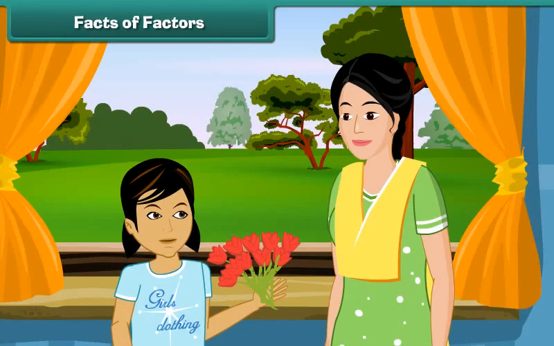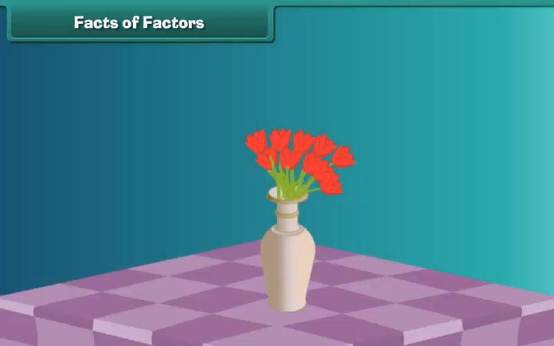She asks him to pick up those many yellow balls. The student picks up 2 yellow balls. She repeats the exercise with 4 more students. 2, 3, 4, 6, and 12 are the factors of 12.